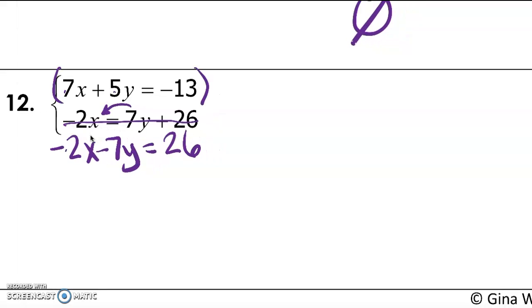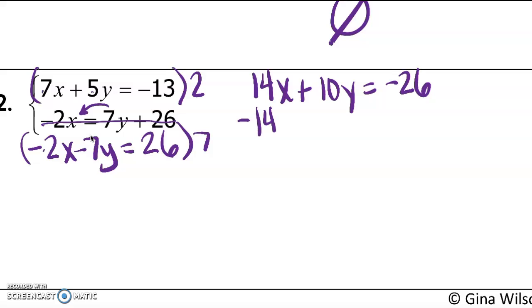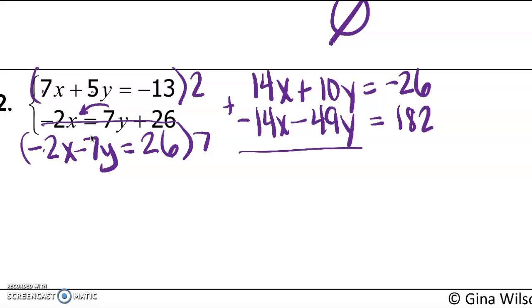So I'm going to multiply the top by 2 and the bottom by 7. 14x plus 10y is equal to -26. -14x minus 49y is equal to 182. The x's are opposite, so we add.